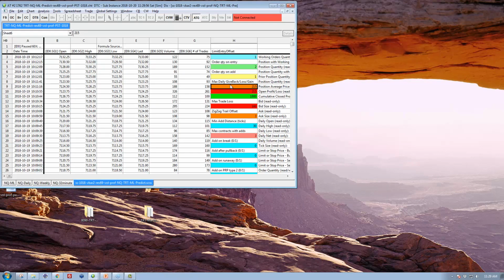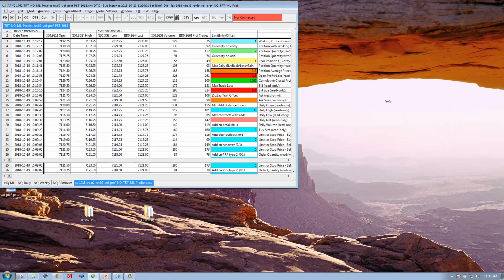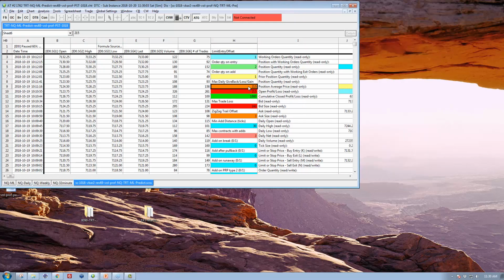I implemented this feature here in testing, which is not quite ready yet. This is the concept of continuing to trade until you lose X amount.